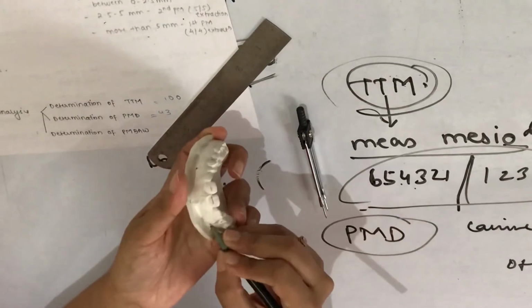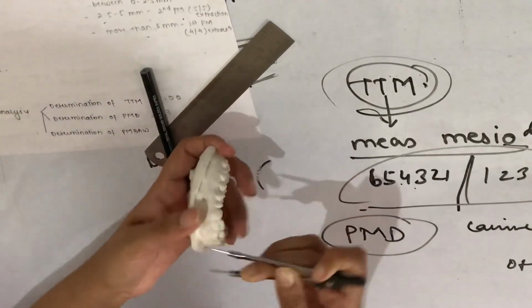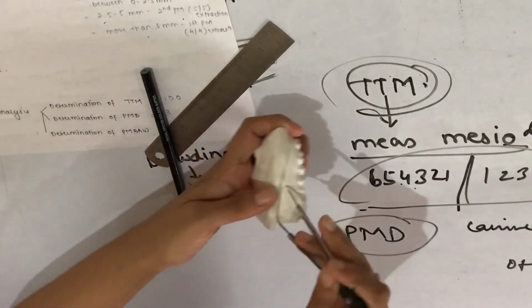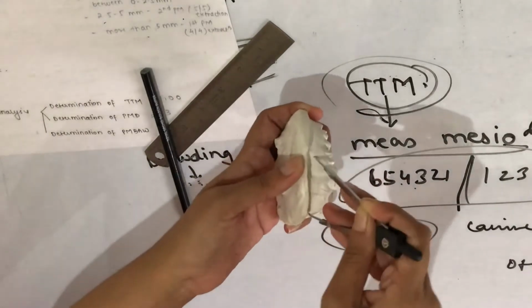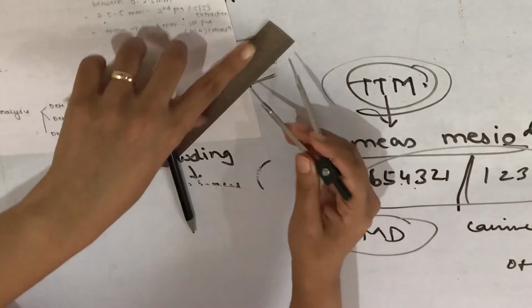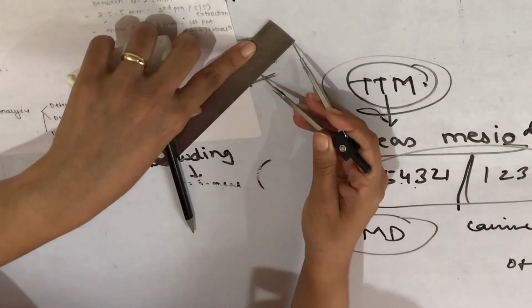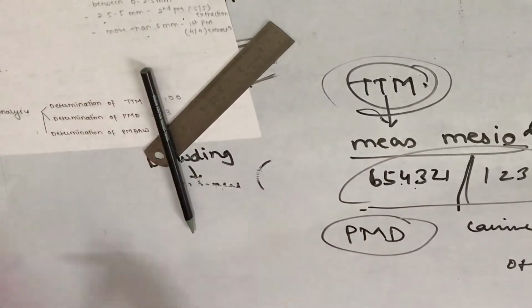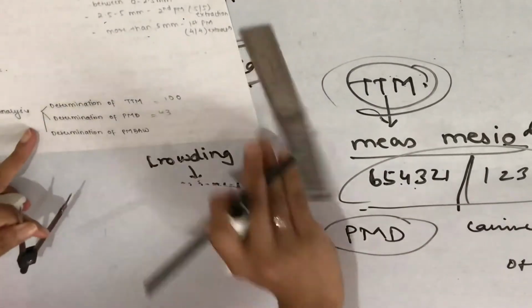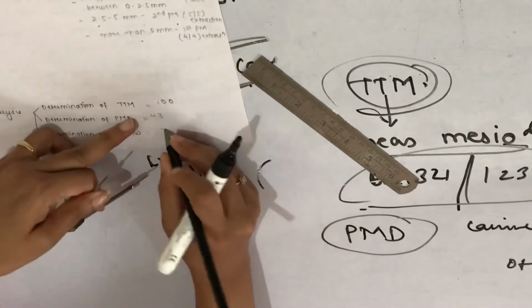So this is the point and this is the point. Then you measure it with the help of this divider and read it on the scale. So this comes out to 41. So this is your premolar basal arch width.